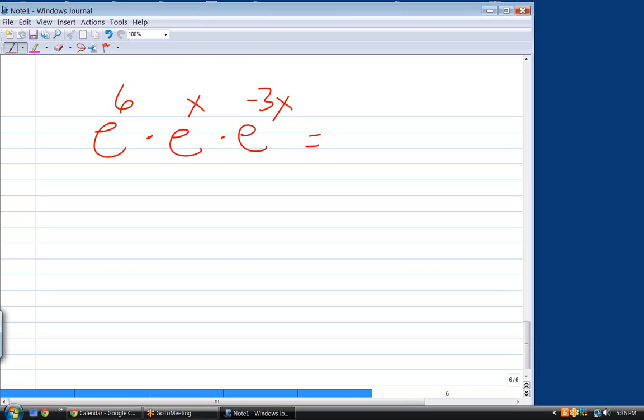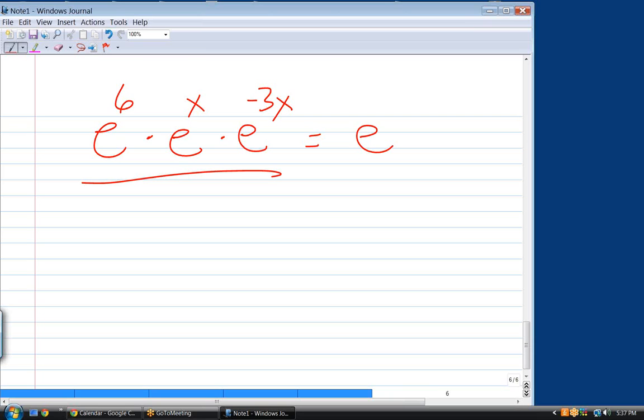What's the result of that? Add all 3 exponents.